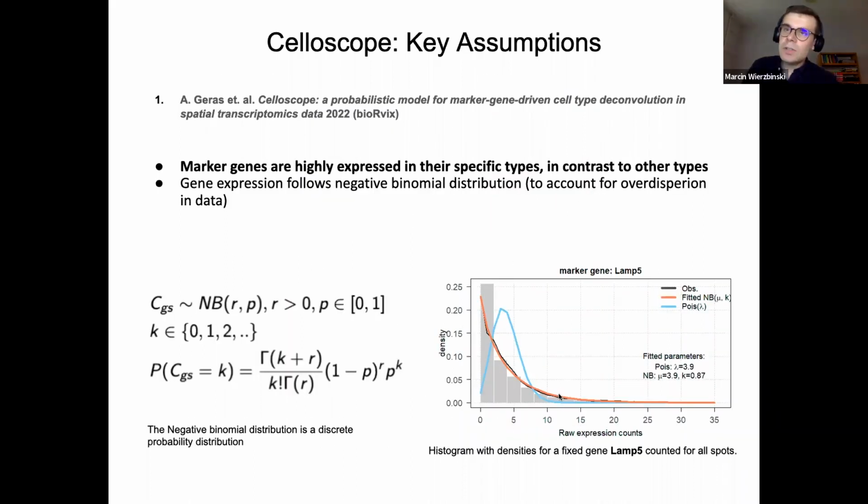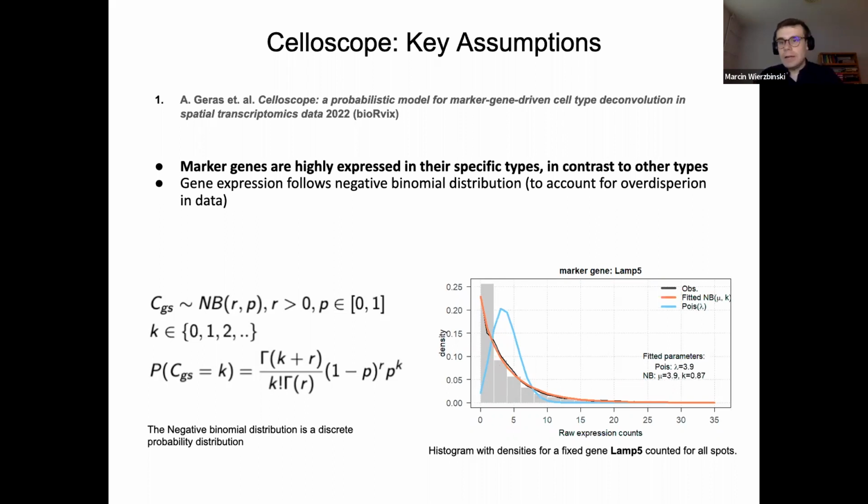Here we have a density histogram for a fixed gene, LAMP5, counted for all spots, and we can observe that this distribution is very similar to a negative binomial distribution for this gene and our counts, with parameters mu equal to 3.98 and k equal to this value.